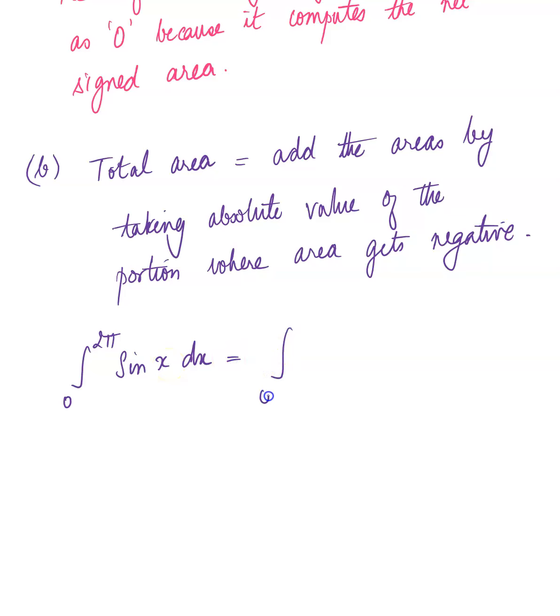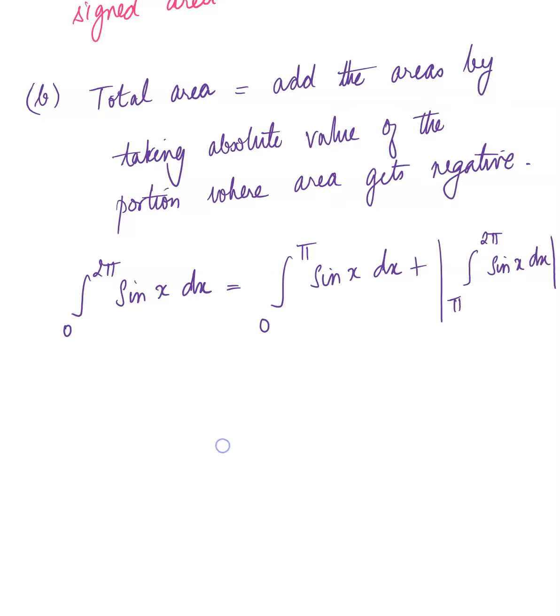So we're going to split up the area from 0 to pi sine x dx, we know this is the blue shaded region, plus absolute value of pi to 2 pi sine x dx. If you took the absolute value of that area, that will give you the yellow, no, that was a blue. So this was a yellow shaded region. So I'll just do this. And this was the blue shaded region.